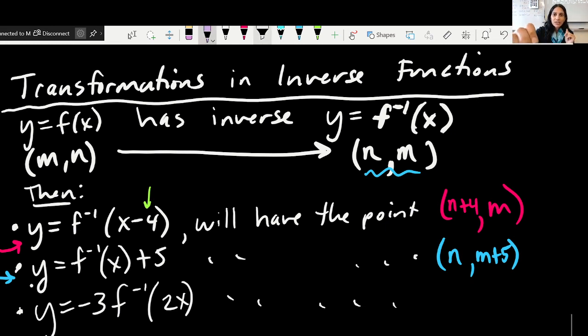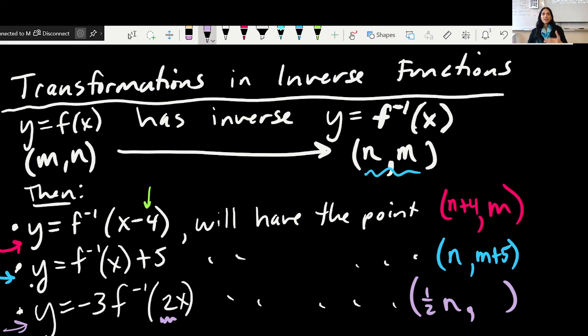And for this last one here, okay, so there's a bit more going on there. Out of this, what affects my x values out of all this stuff here? The 2x. So instead of n, what's it going to be? If it says 2x, it's going to be 1/2, right?